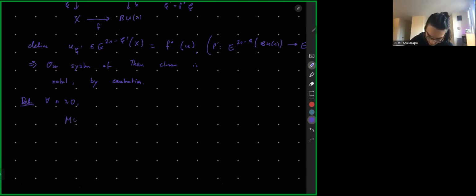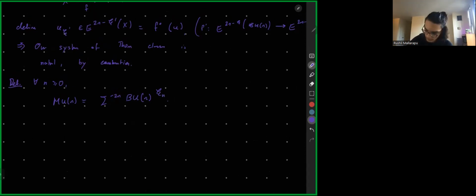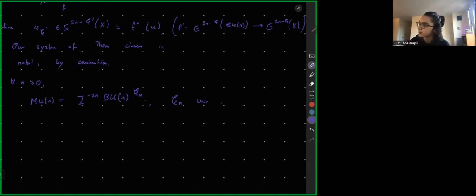So define MU_n to be the Thom spectrum given by the desuspension of the Thom space of BU_n, zeta_n, where here zeta_n is the universal bundle of rank n.